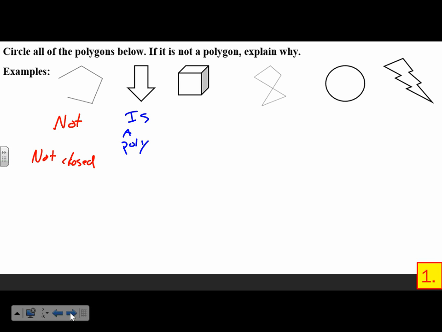This next one is not a polygon because it's three-dimensional. So I should cross these, the ones that are not polygons. This one is. The next one's not a polygon. Again, I would say that the sides intersect.